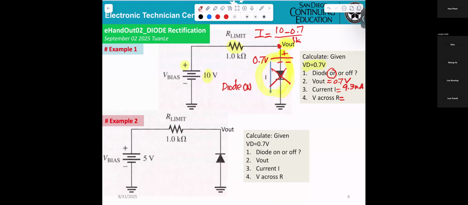You take 10 minus 0.7, right? Okay, that is the first problem. If you have any question, let me know. Okay, we go to the next, number 2.